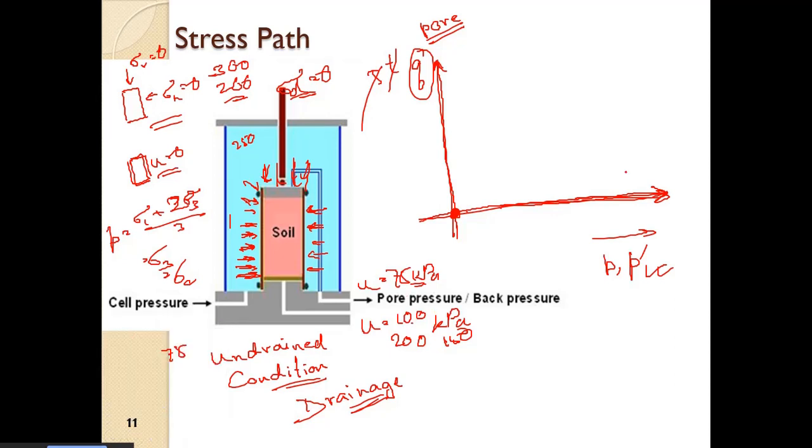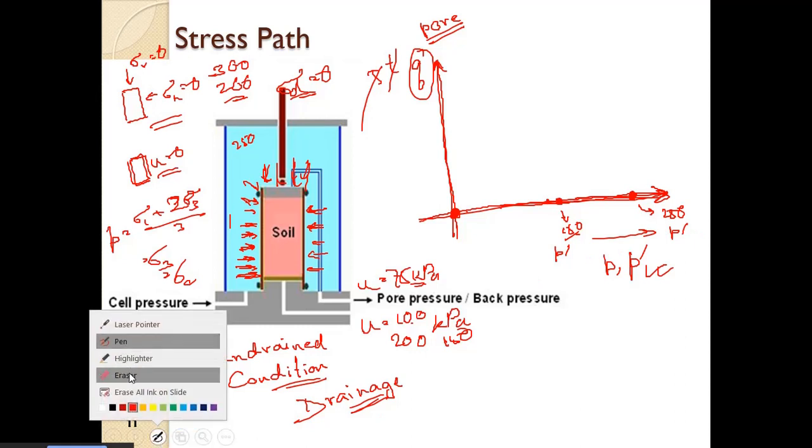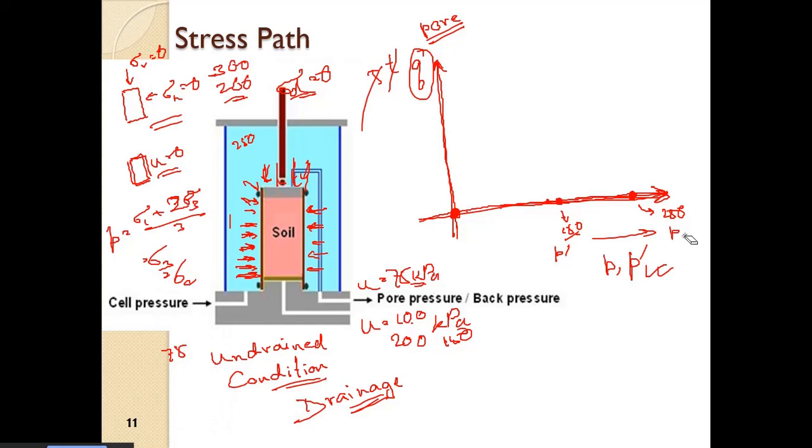So we have 250 kPa here, and we have the effective stress here, which is showing 150 kPa. So this is the effective confinement P dash, and this is the total confinement P.